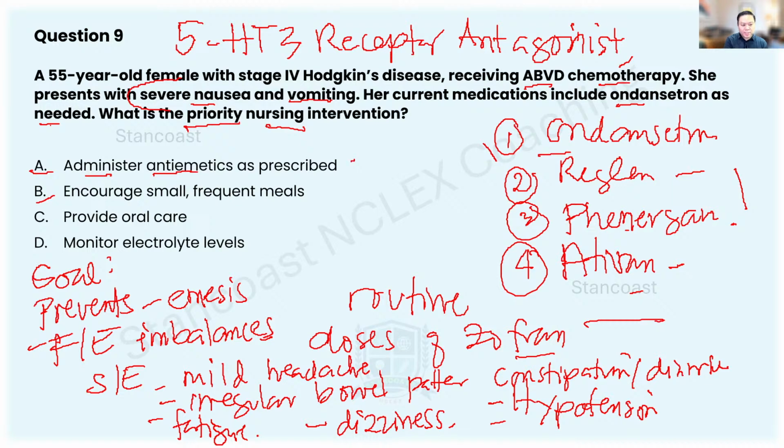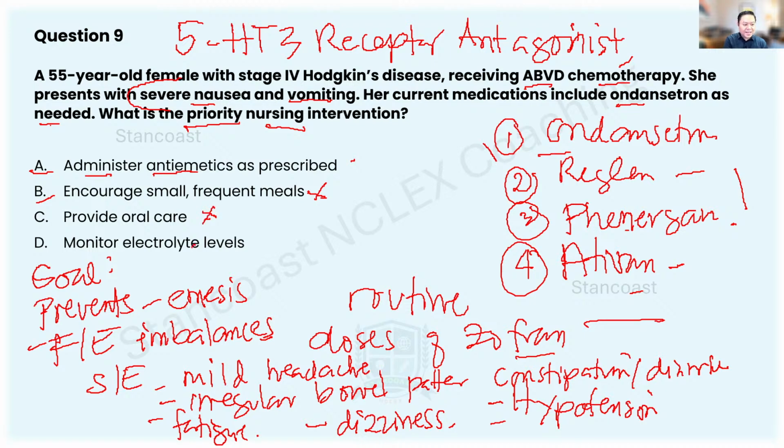No, it will not. It will be helpful to some degree, but not really as effective compared to the antiemetic. Providing oral care is also important for overall comfort, but it's not gonna prevent the nausea and the vomiting.